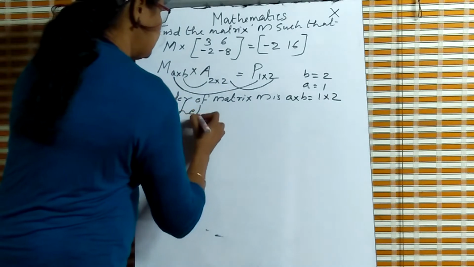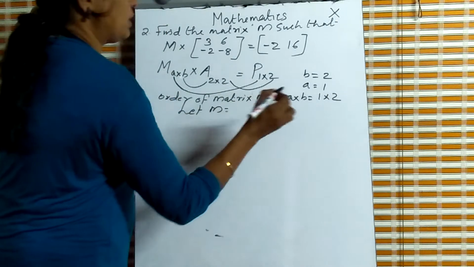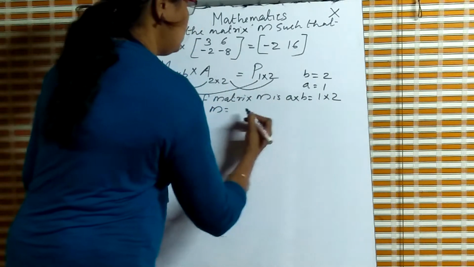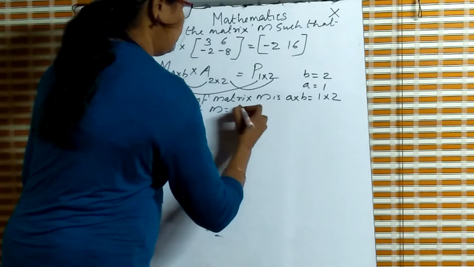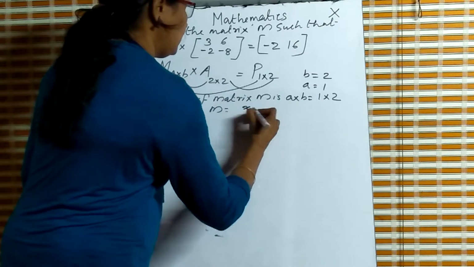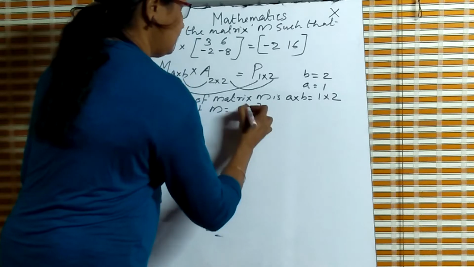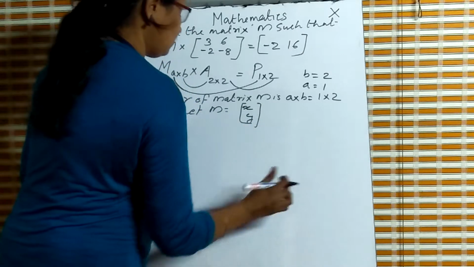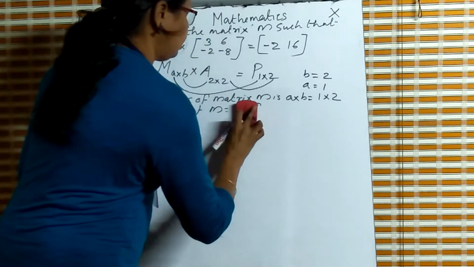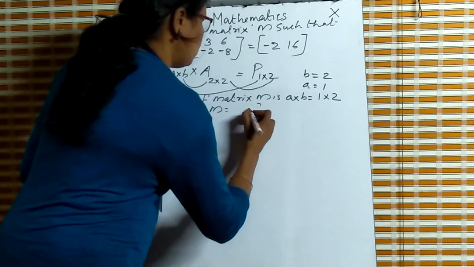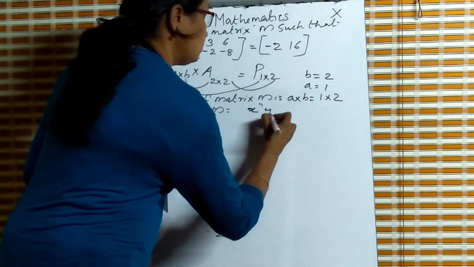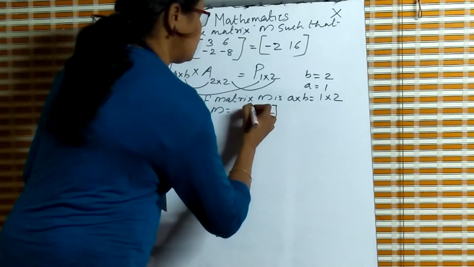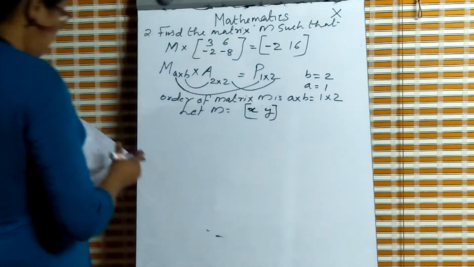Then let M be 1 by 2, which means 1 row, 2 columns. Let it be [x y]. This is a 1 by 2 matrix.